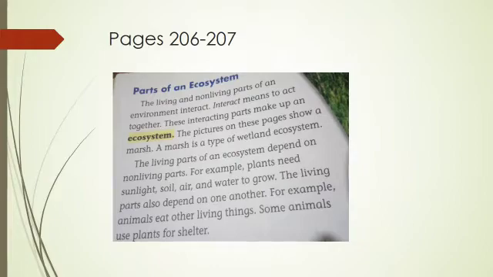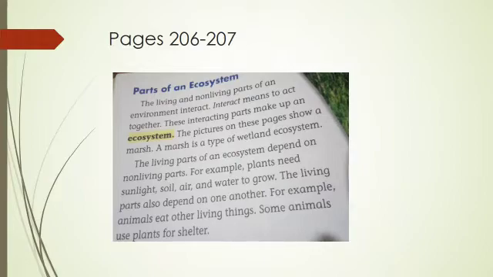The living and non-living parts of an environment interact. Interact means to act together. These interacting parts make up an ecosystem. The pictures on these pages show a marsh. A marsh is a type of wetland ecosystem.